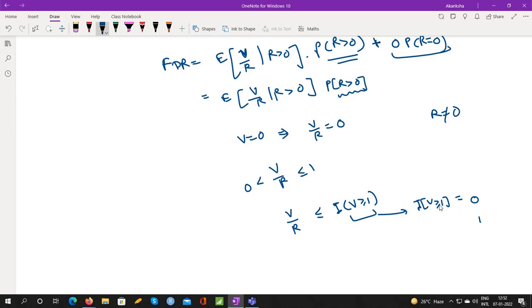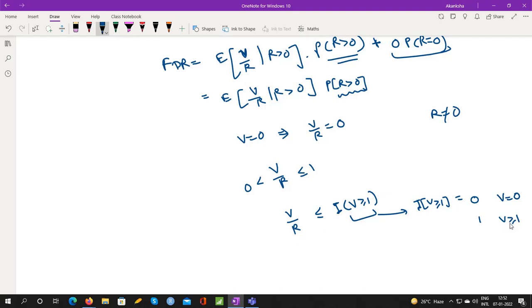The indicator of V greater than or equal to 1 would be 0 if this event does not happen, which means if V is equal to 0. Am I right? Okay, so if V is equal to 0, then this RHS is 0. But we know that in that case the LHS is also 0. So the equality holds.